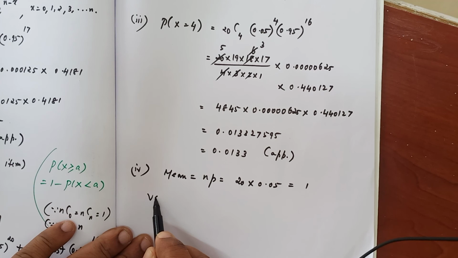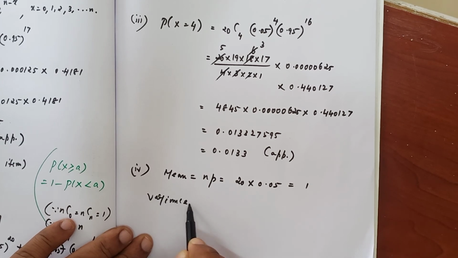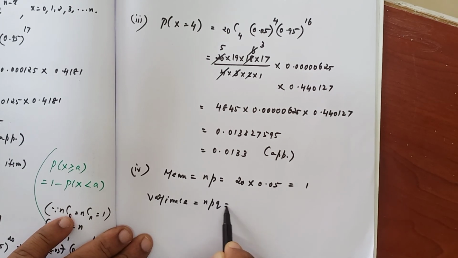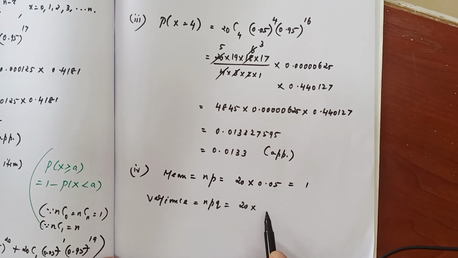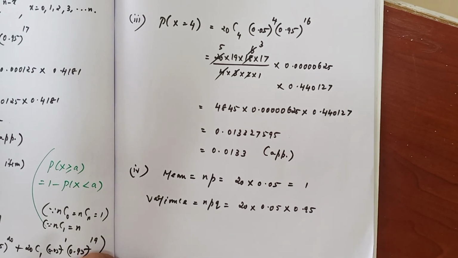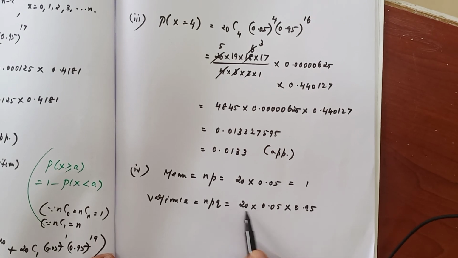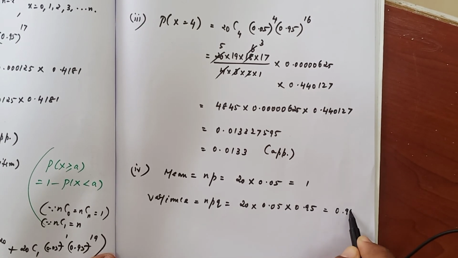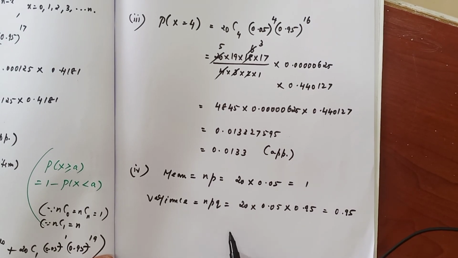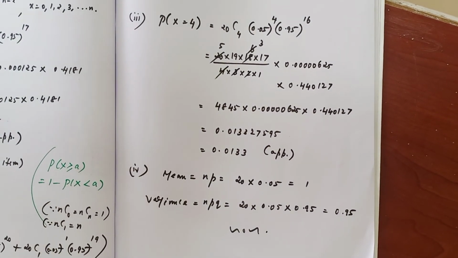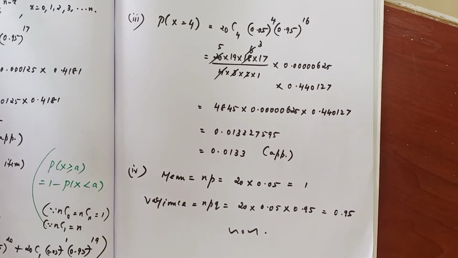Now variance. Variance formula npq, n value 20, p value 0.05 and q value is 0.95. If you multiply these two, you will be getting 1. 1 into 0.95, that is equal to 0.95. So all the 4 subdivisions of problem number 1 are completed.